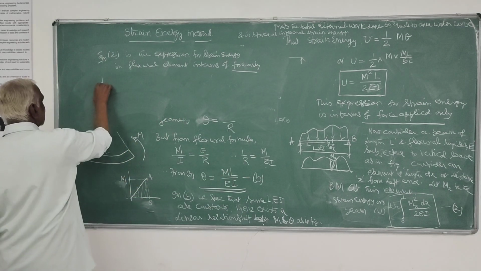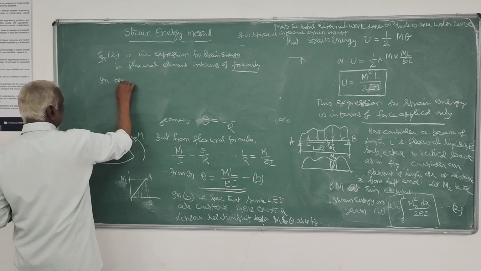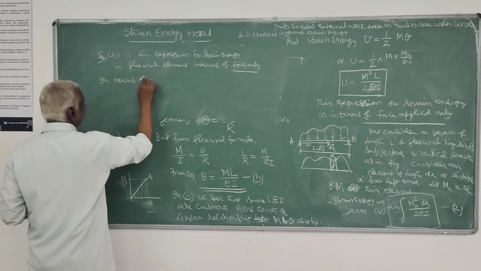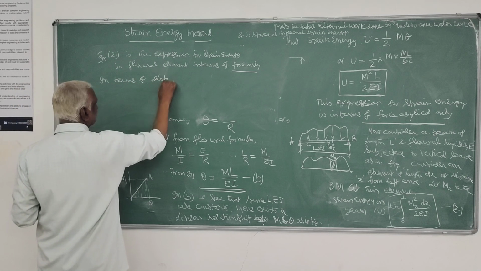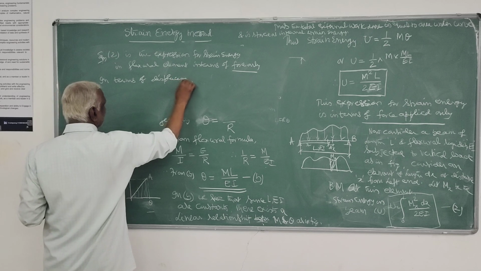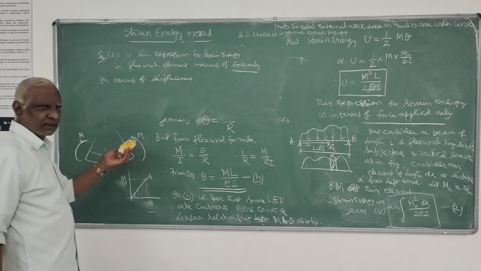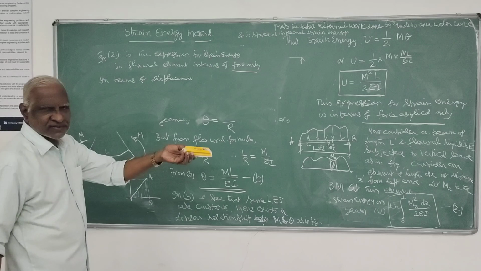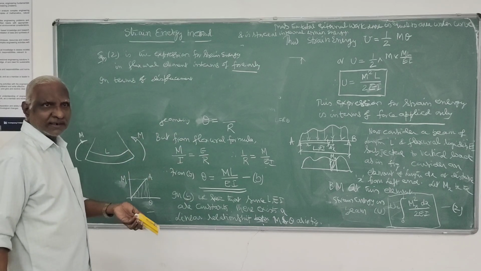So in terms of displacement, you can say Mx is equal to EI d2y by dx squared.